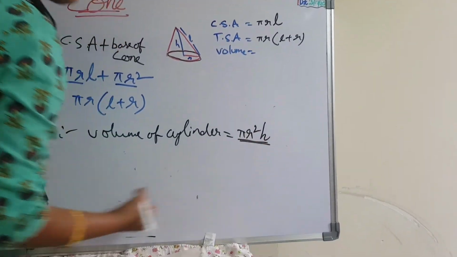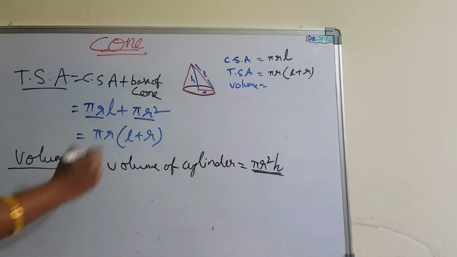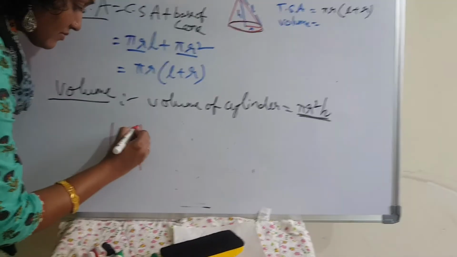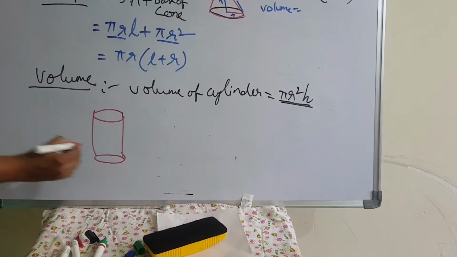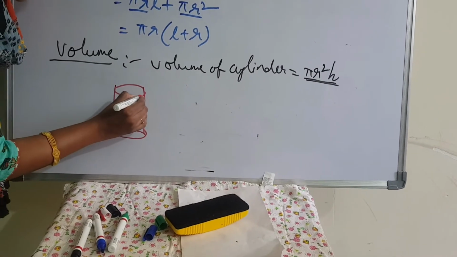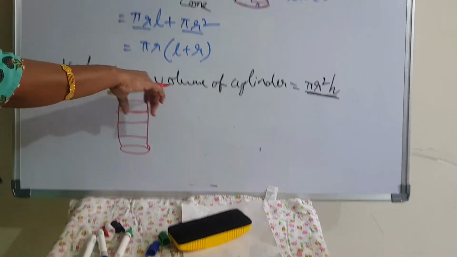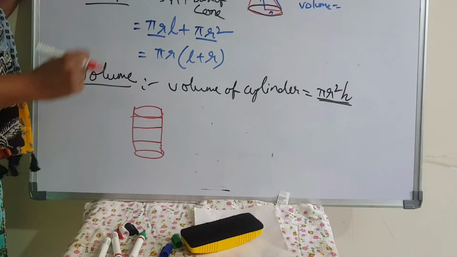This is the volume of a cylinder. In the cone, this is a cylinder. If we pour 3 times the cone of water, it will fill the cylinder.